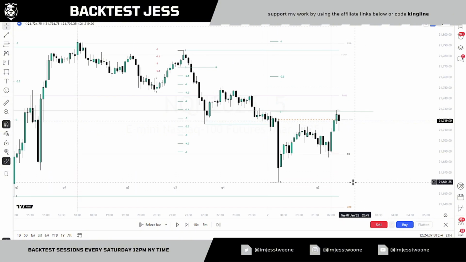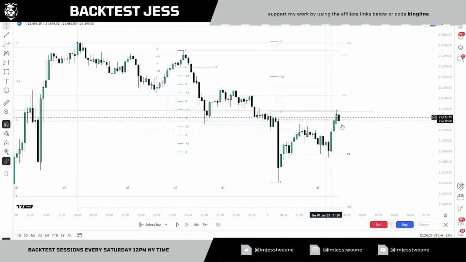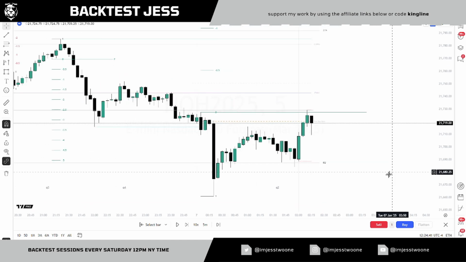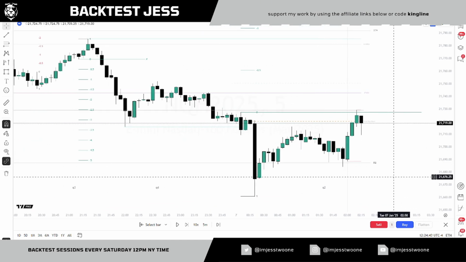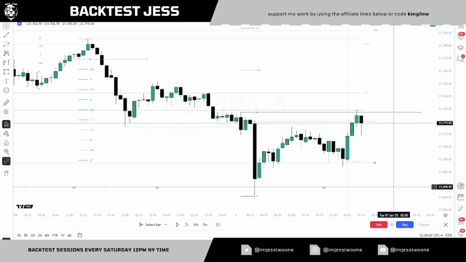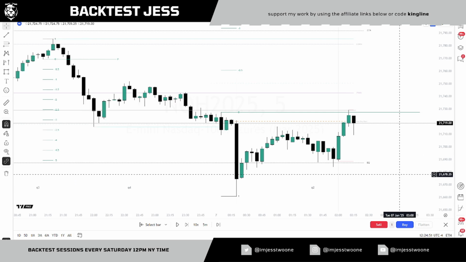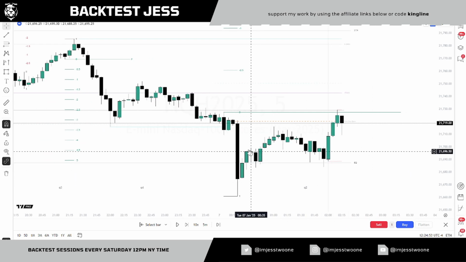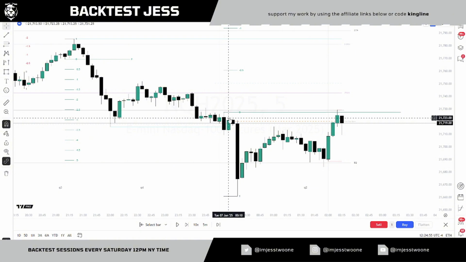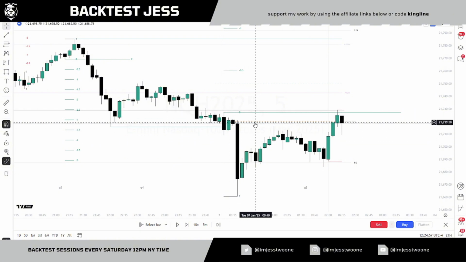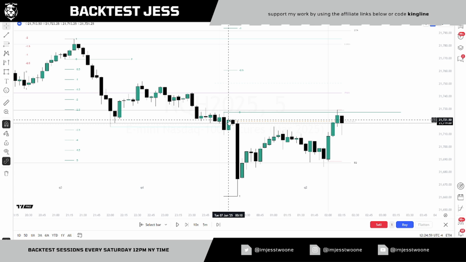I'm going to opt here to use the swing high. Can anyone guess why? I'll give you 30 seconds to reply if you want to participate. The reason I'm going to opt to use this swing high instead of the up close candle in this specific case is because this up close candle is an inside candle.